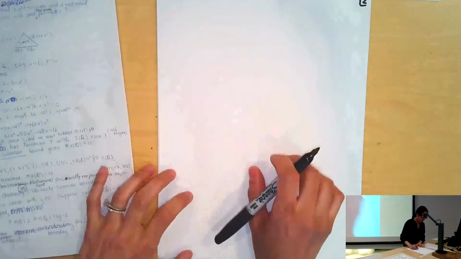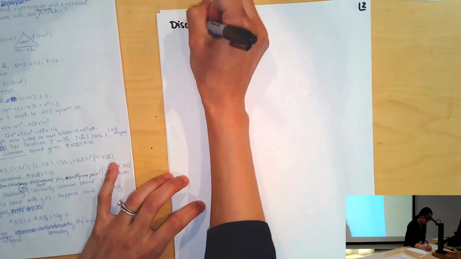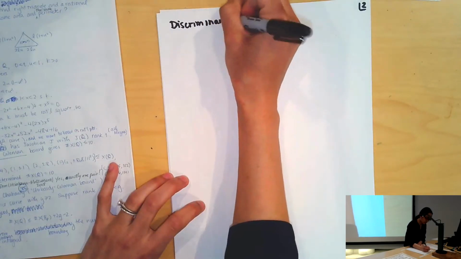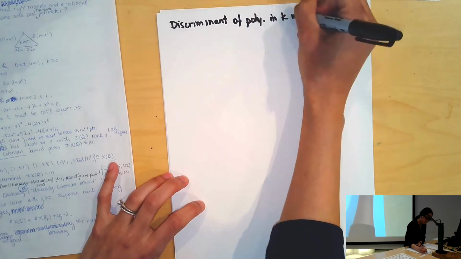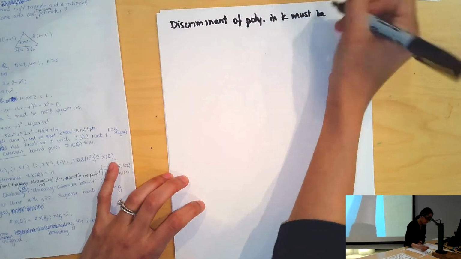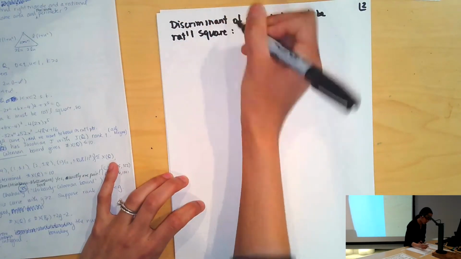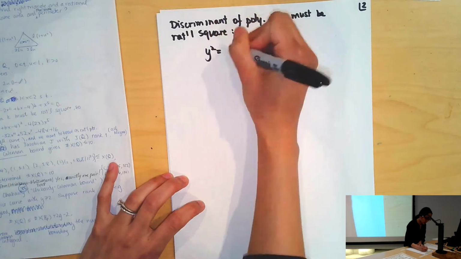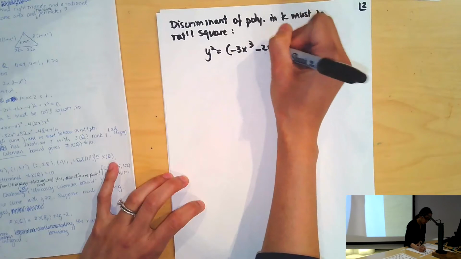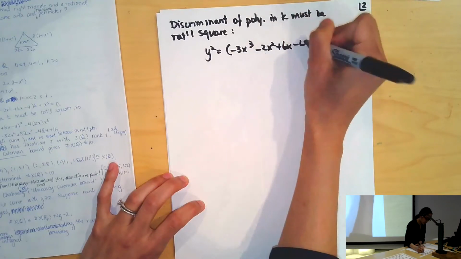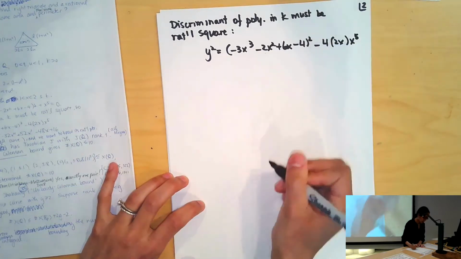So now we notice that we have a polynomial in K, and its discriminant must be a rational square. So we have that y squared is this cubic term, minus 3x cubed minus 2x squared plus 6x minus 4, squared, minus 4 times 2x times x to the 5th.